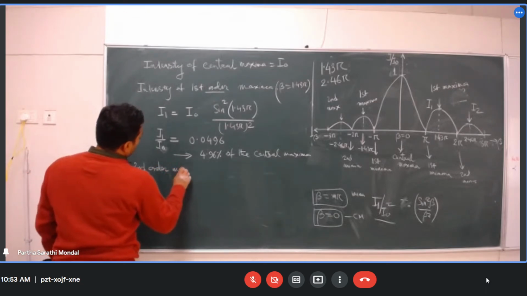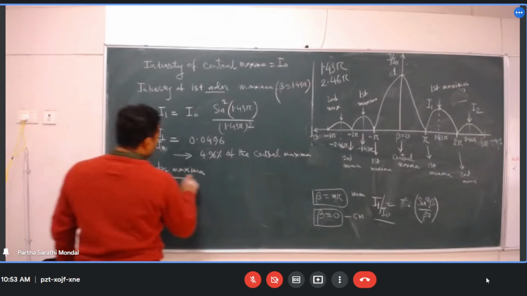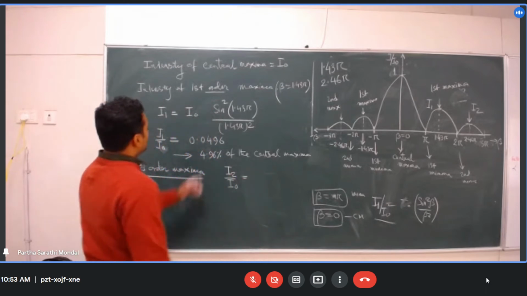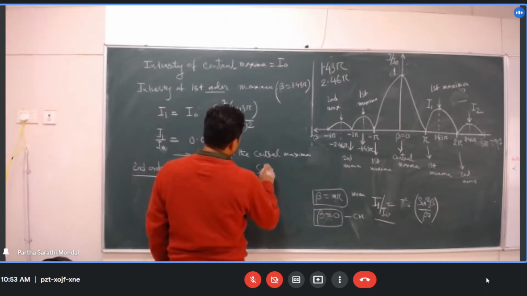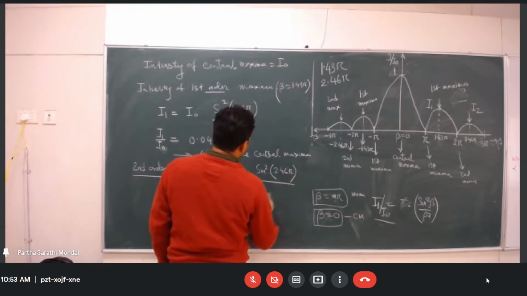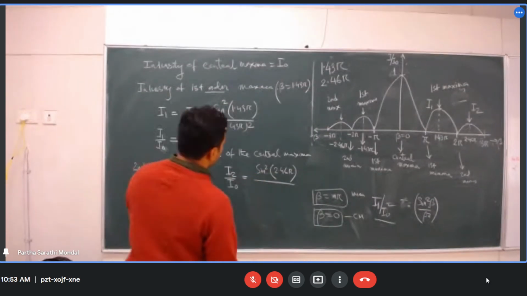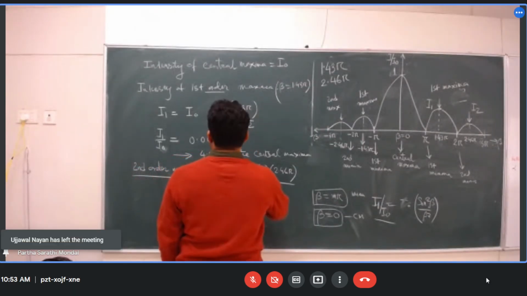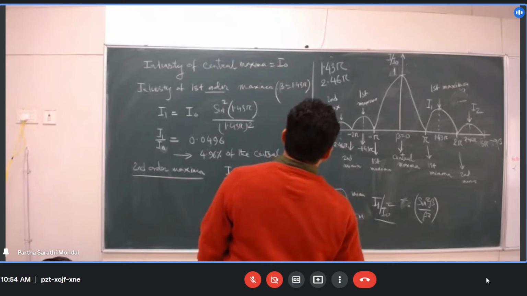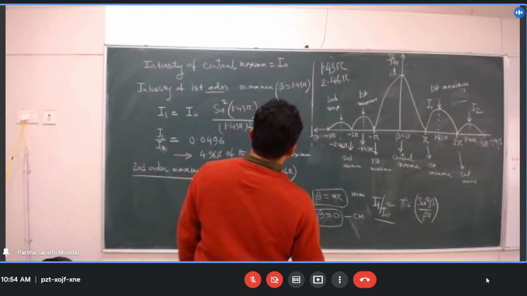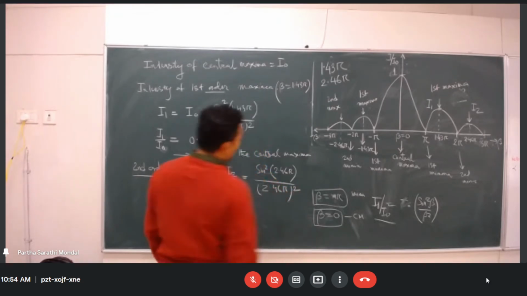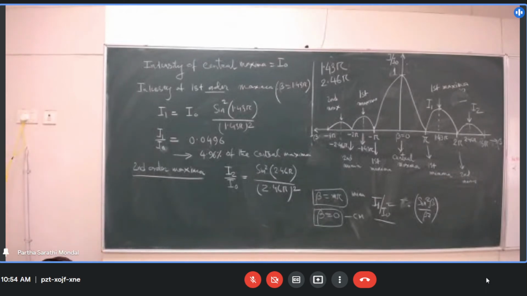In a similar way it will give you I2 by I0. If you do this it will give you sin square beta by beta square. It will be even less, not 4.5. What I copied shows it is lower, 1.6.